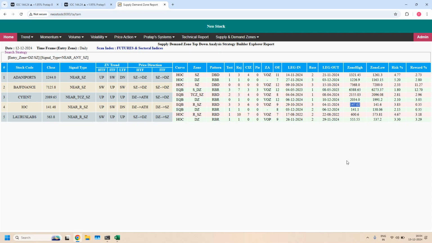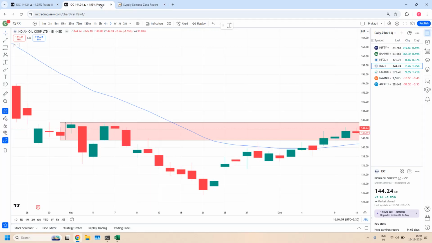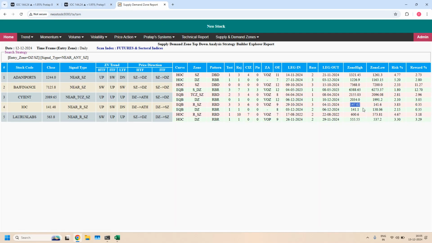This is the zone high. But what is the high of this candle? The high of this candle is 145.74. But our software is saying 147.02.